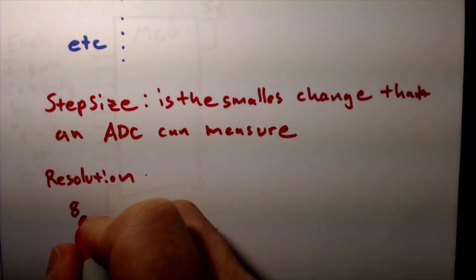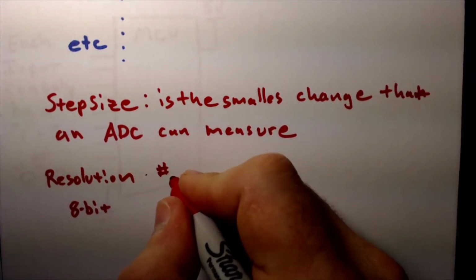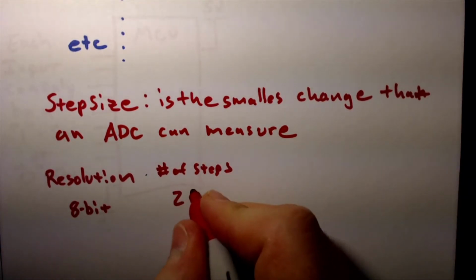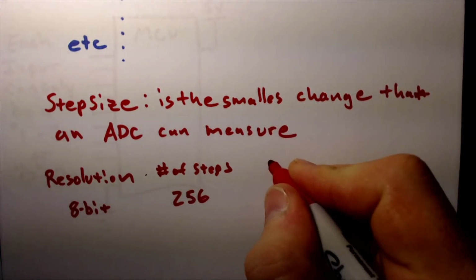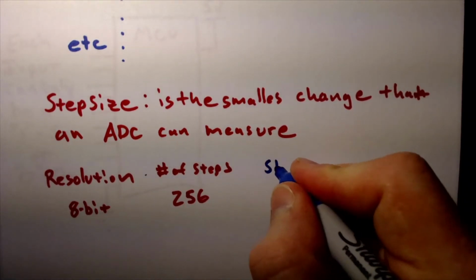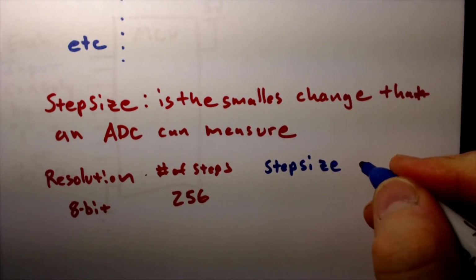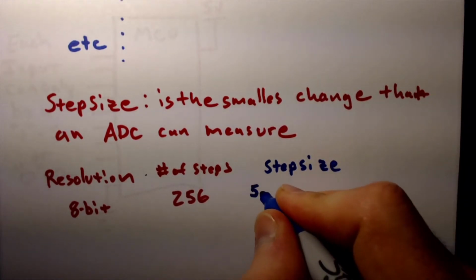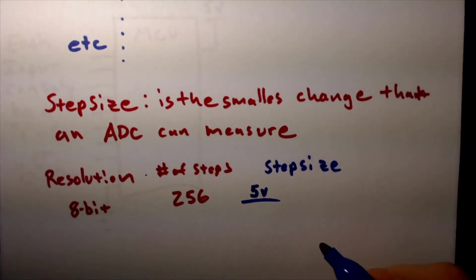The resolution is 8 bits. The number of steps is 256. And our step size is going to be 5 volts divided by how many steps we have to represent that 5 volts.